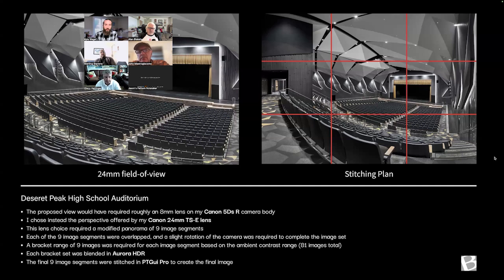Well, I would say that PTGui software does have some projections that will correct that kind of distortion. It's a complicated software sometimes to use, but it will correct out some of those distortions that you absolutely cannot correct in Lightroom or Photoshop.